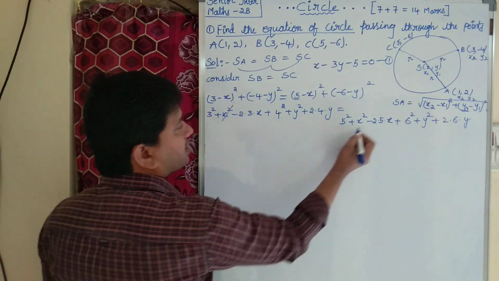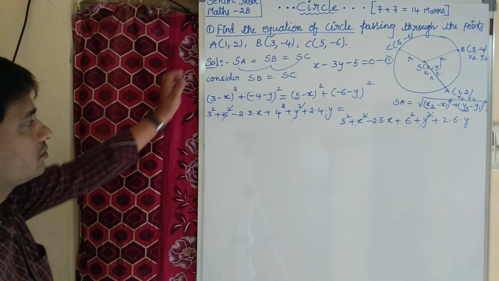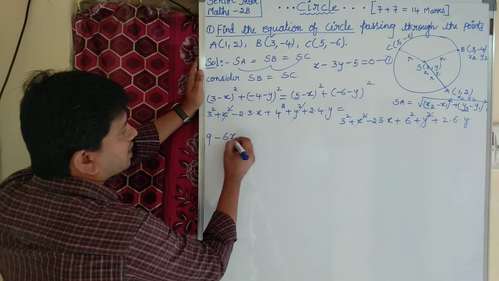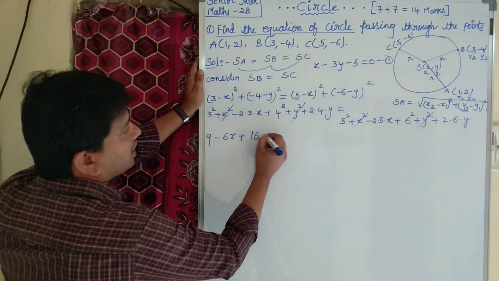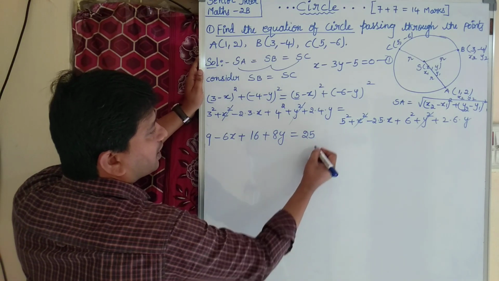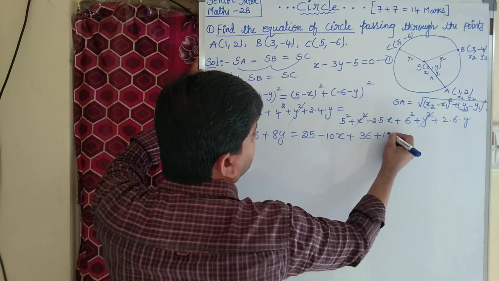Now let us consider x square, y square. So 3 square value 9 minus 2 threes are 6x, 4 square value 16 plus 2 fours are 8y equal to 5 square value 25 minus 2 fives are 10x, 6 square 36 plus 2 sixes are 12y.